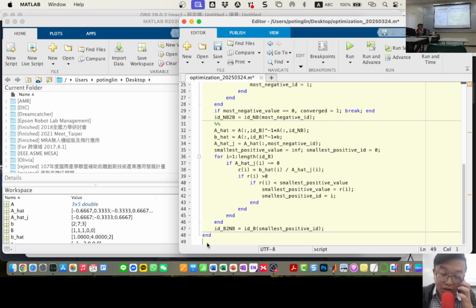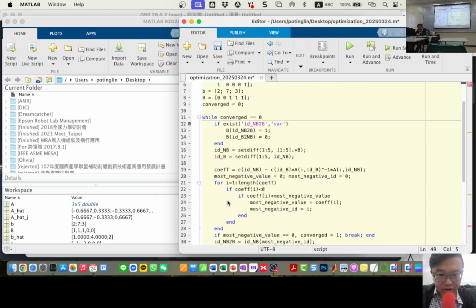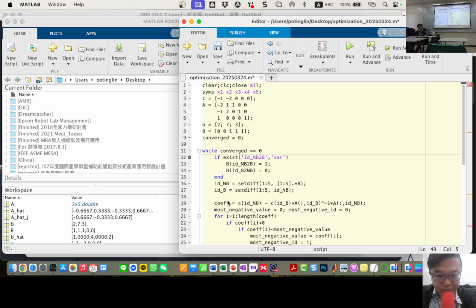So the solution would be this is a matrix, right? A matrix, and ID of, oh, we need to do this again. Oh, no, just use the current one.